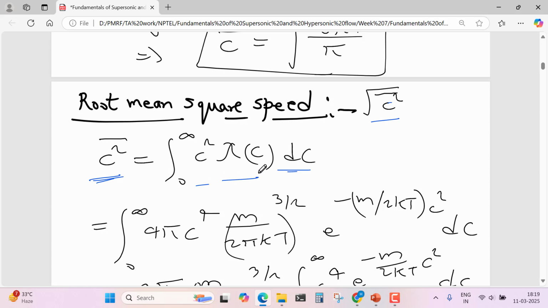This is for finding the average of the square of velocity. Now we will put in the expression for chi c. So chi c was 4 pi c square, and with this c square it becomes c to the power 4, (m upon 2 pi kt) to the power 3 by 2 e to the power minus m upon 2 kt into c square dc.